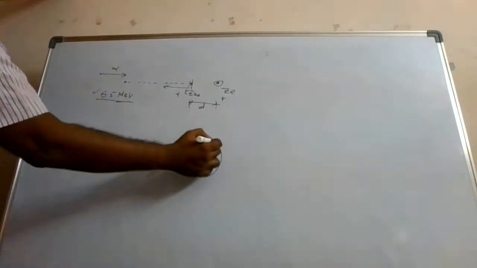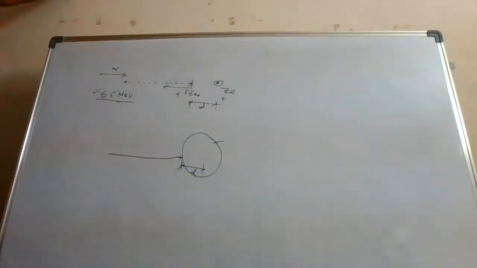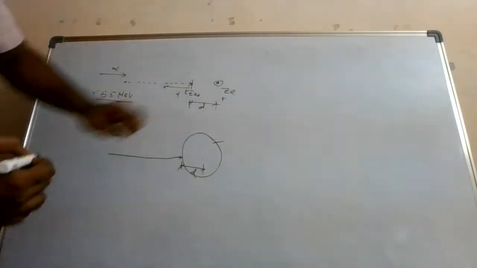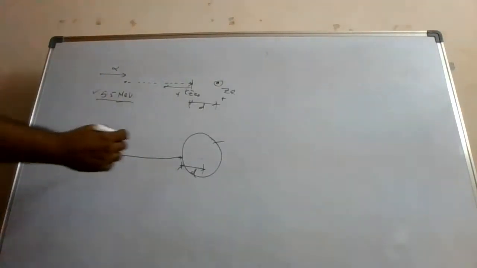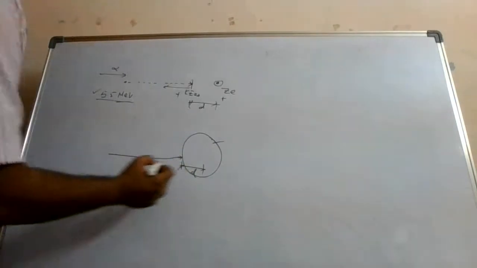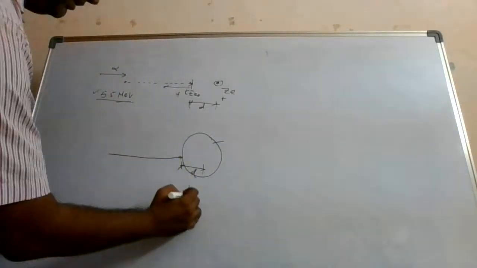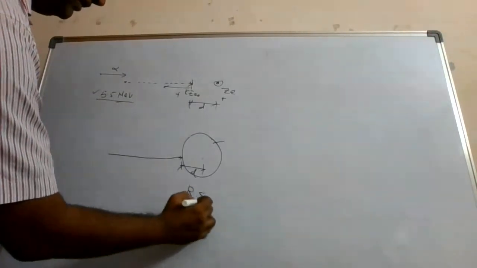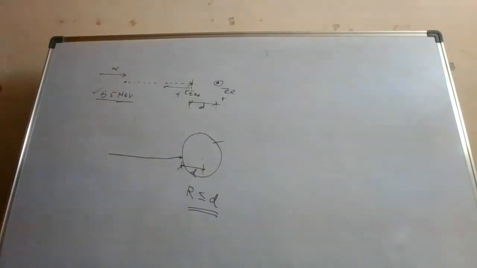That means this nucleus is not a dot, but a volumetric sphere like this. A volumetric sphere will have some radius. So this distance of least approach, your r cannot be more than that. R has to be less than or equal to the distance of least approach, isn't it?